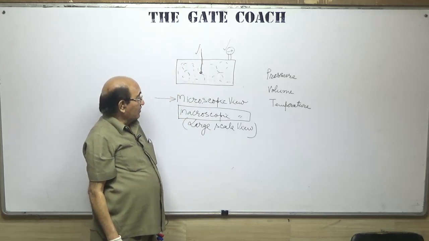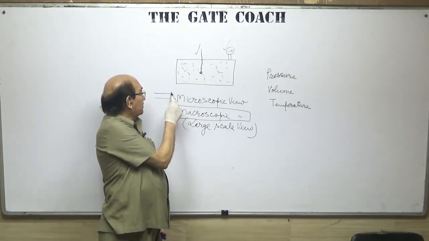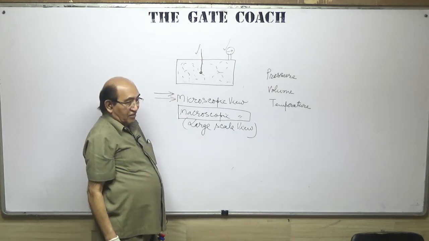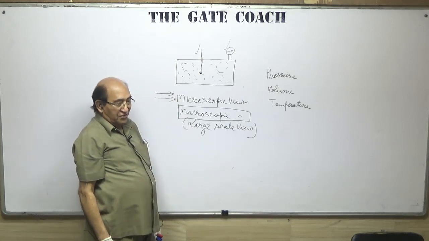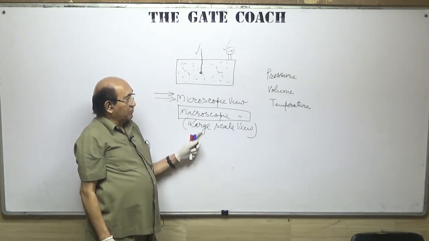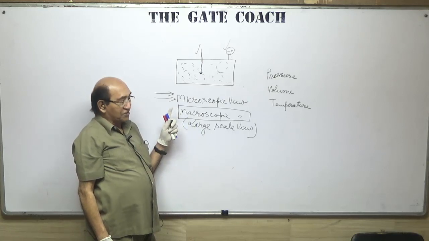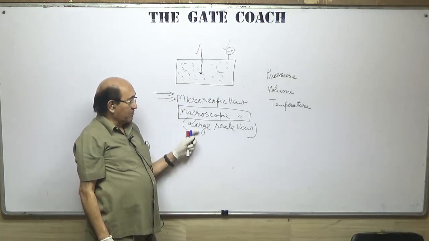Every time when we talk of molecules, it is microscopic. When we don't talk of molecules, take the large scale view, take some instrumentation and get the properties, that is macroscopic view, which seems to be a very, very simple view.